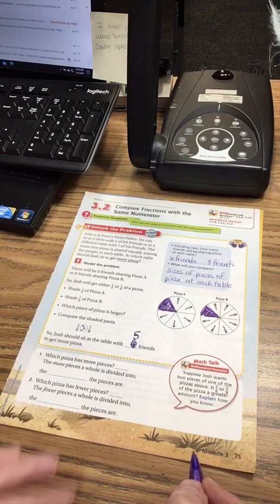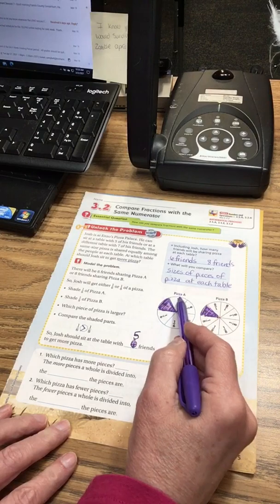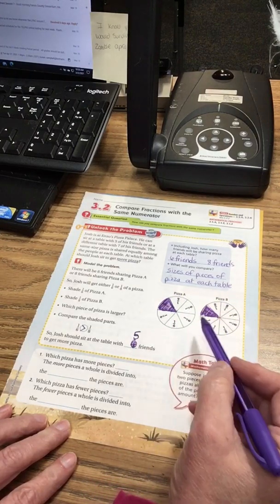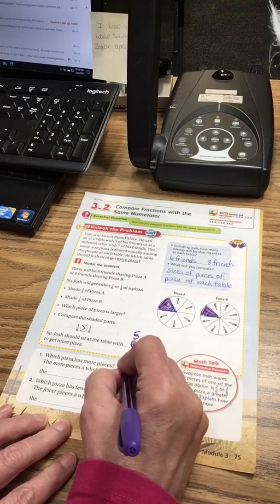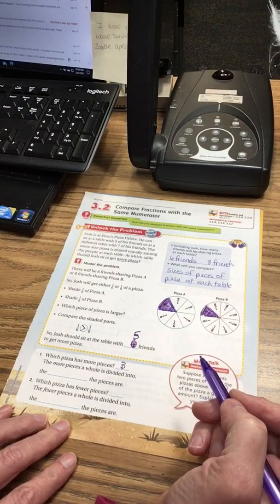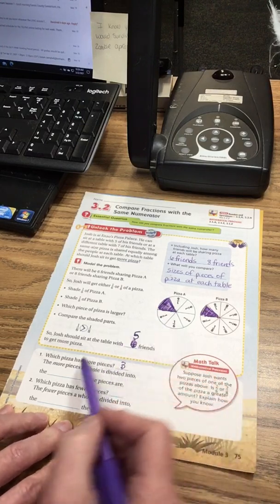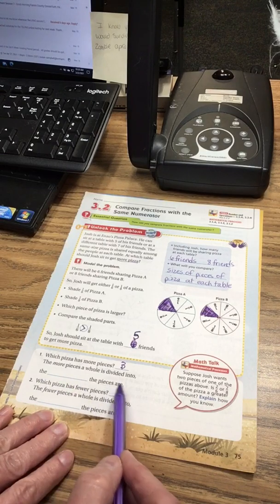So which pizza actually has more pieces? Pizza A or pizza B? Pieces of pizza. Right, pizza B does, because it has 8 pieces, where pizza A only has 6 pieces. The more pieces that a whole is divided into, the smaller the pieces are.